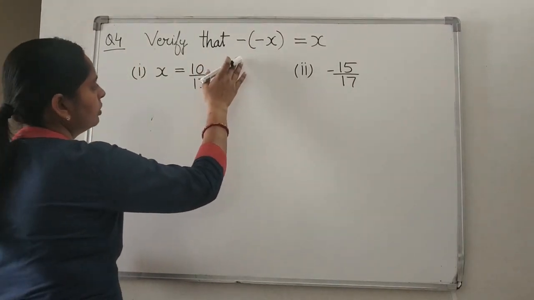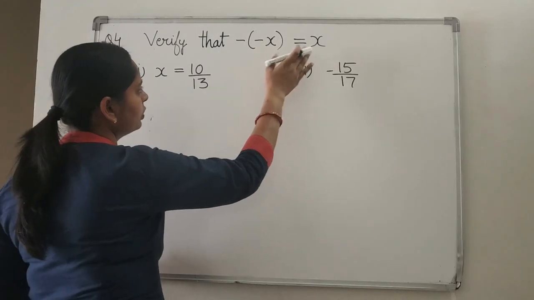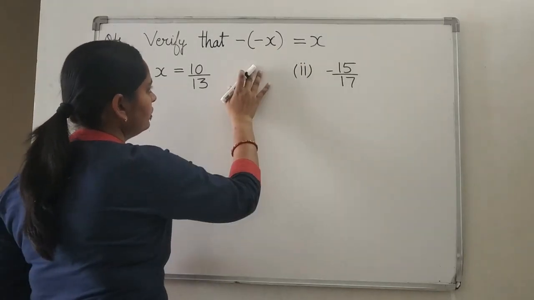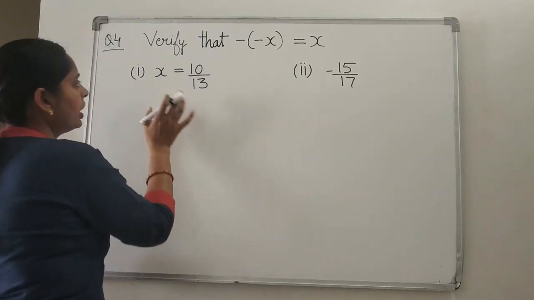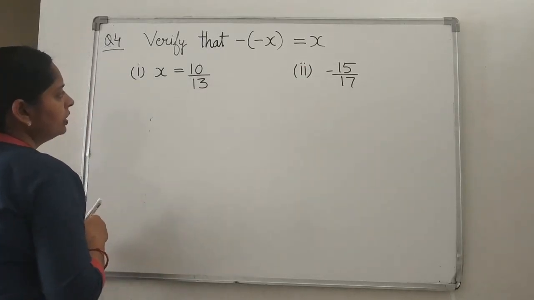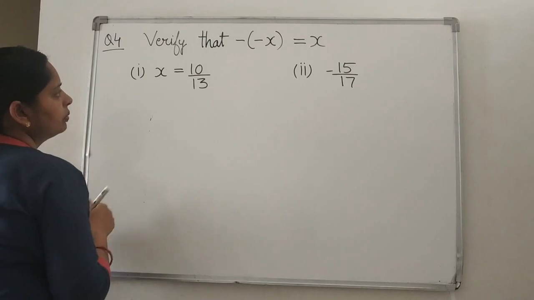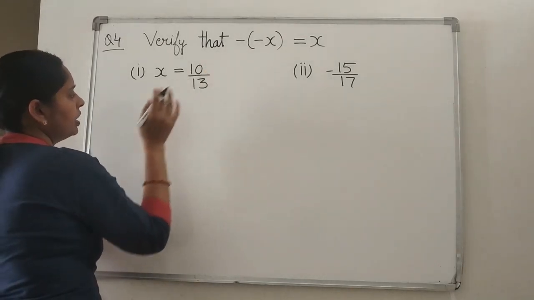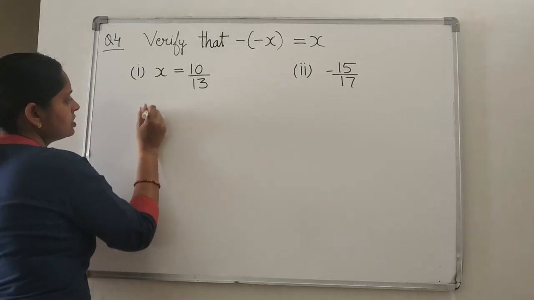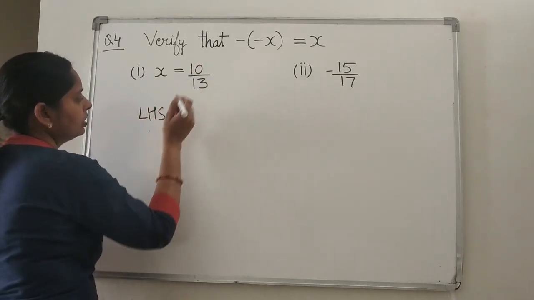Verify that minus of minus x is equal to x. Verify means we have to show that LHS and RHS are equal. Fine. And the value for x is given, in the first case it is 10 upon 13. So we have to verify that. So LHS is equal to, what LHS is given?